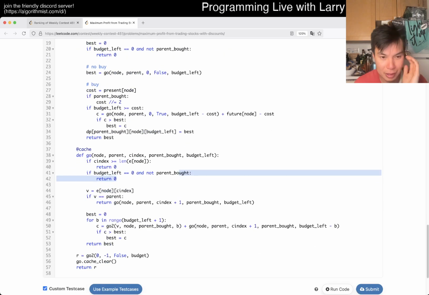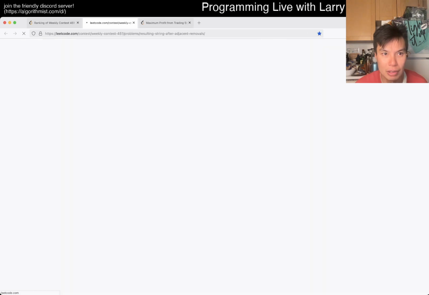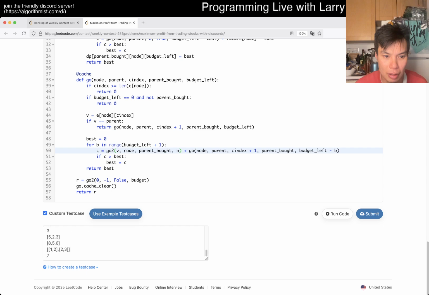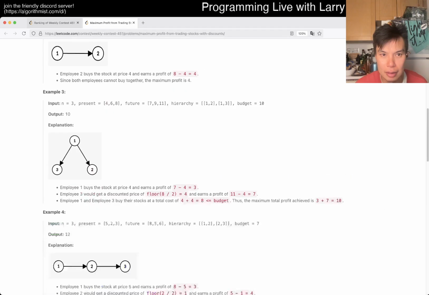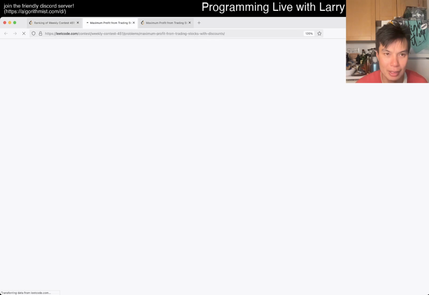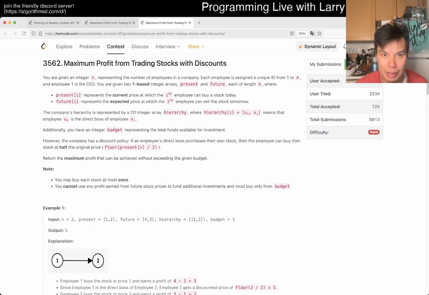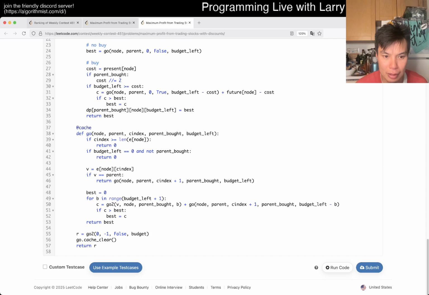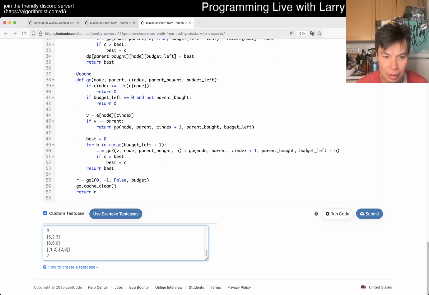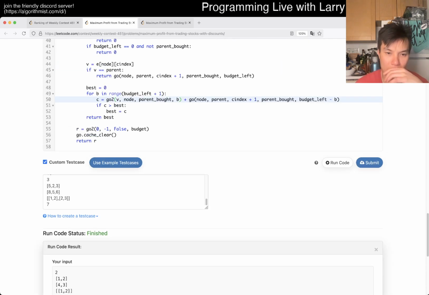Is this thing right? Like if we, did I close the wrong window? I closed the wrong window. In the sense that I had test cases, right? So that's actually unfortunate. Okay, fine.